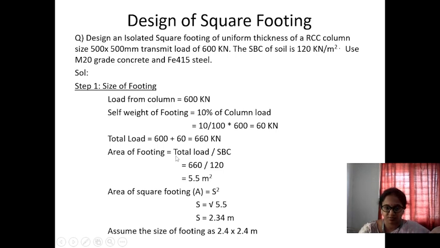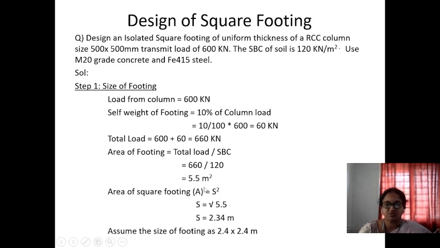Area of the footing is equal to total load by safe bearing capacity, as we have discussed earlier. With that formula, the total load is 660 and the safe bearing capacity given in the problem is 120. So I have substituted here, I got 5.5 meters square. The area of a footing is equal to S square, which is side square.